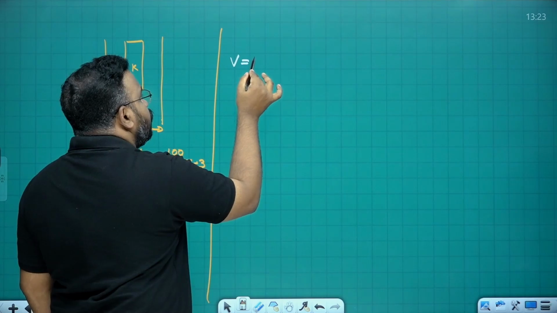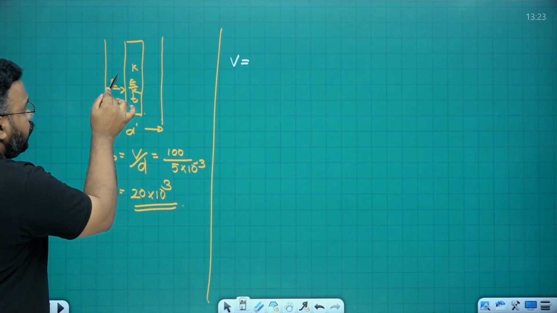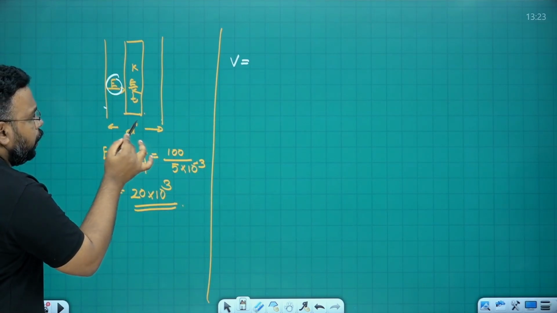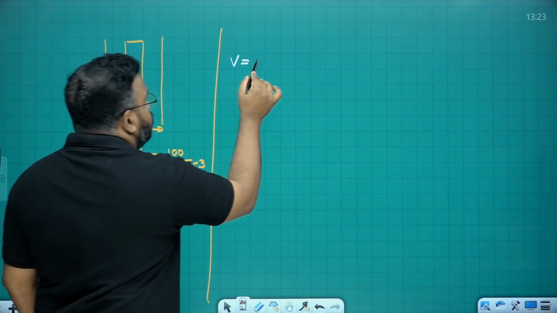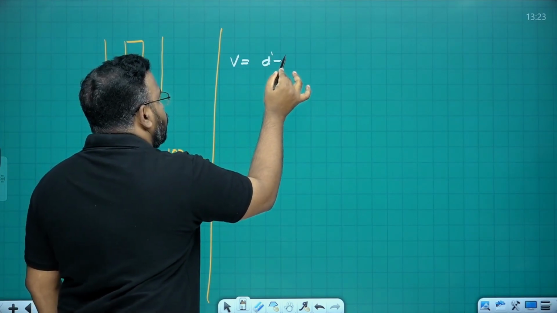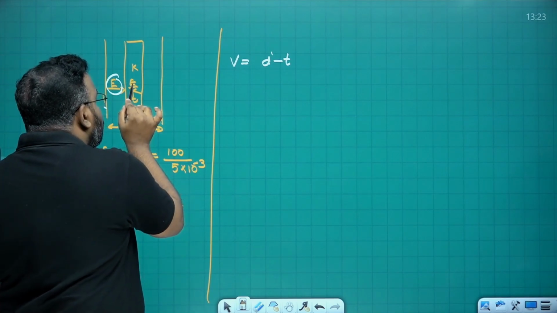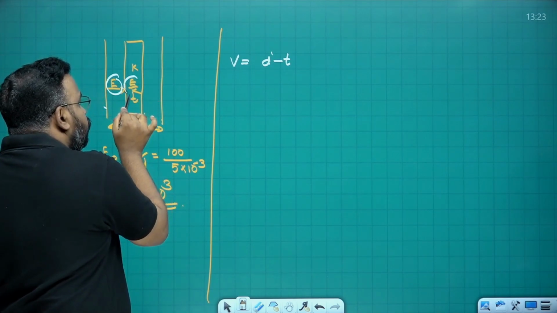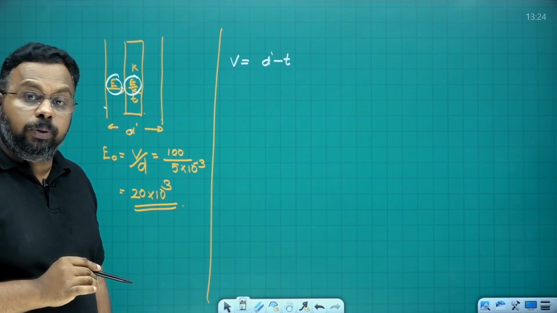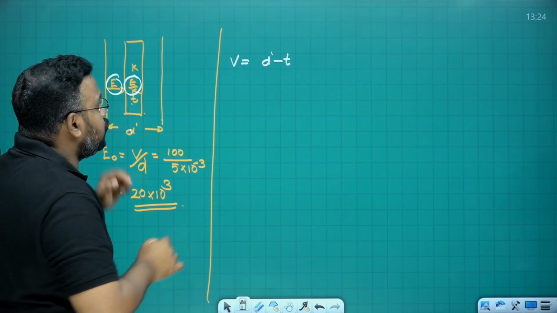V is equal to electric field into distance, but this E will be there for a distance D dash minus T. And the electric field inside the dielectric, its value is E by K, is for a distance T.